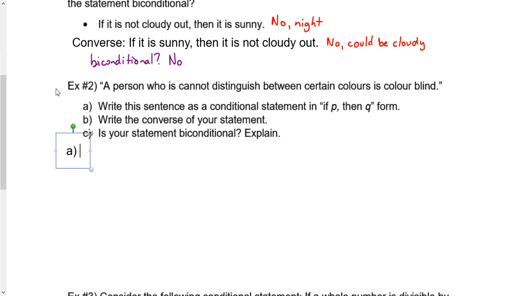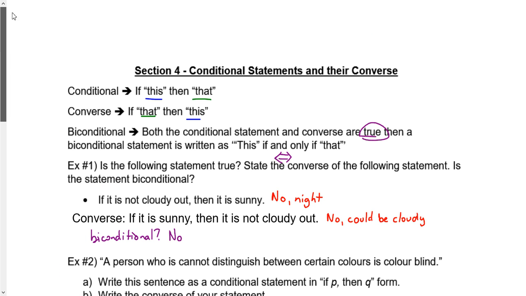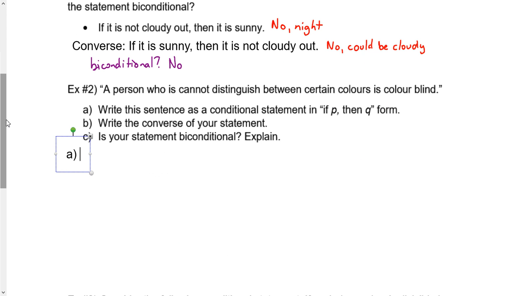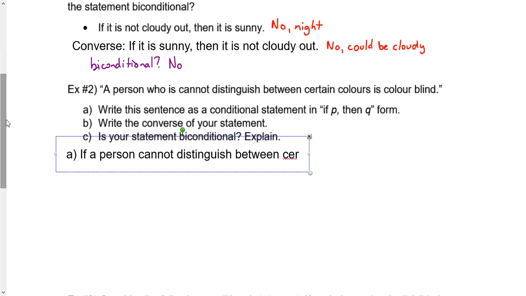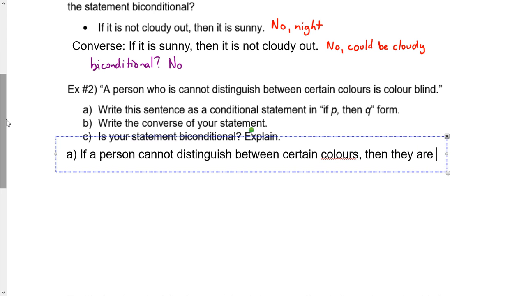So if P, then Q is just saying if this, then that, which is exactly what this is. The way that we could write this is: if a person cannot distinguish between certain colors, then they are colorblind.